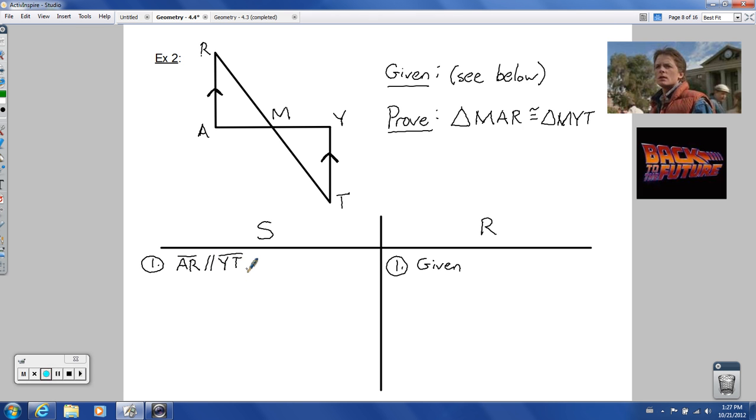I'm going to say that's true. And I'm also going to tell you that this is true. This is not included in the picture, but I'm going to say that M is the midpoint of AY. M is the midpoint of segment AY.